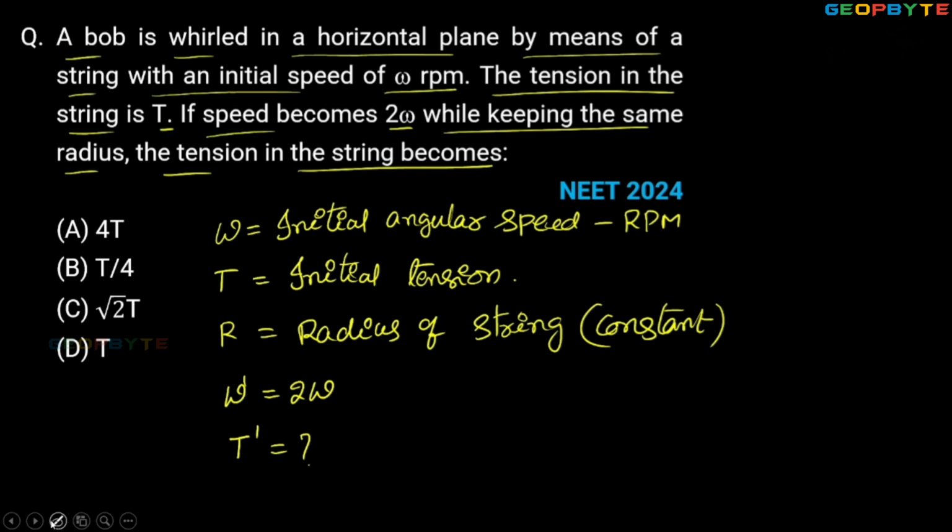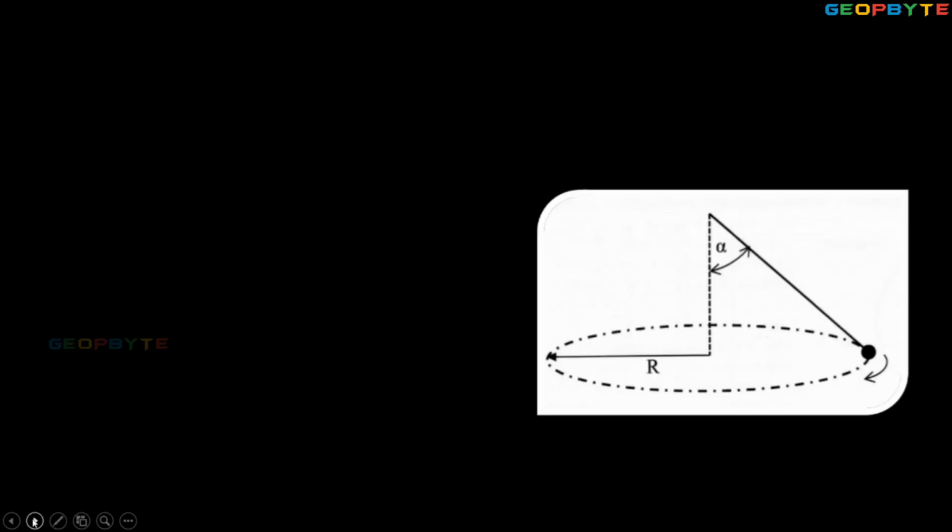For that, look at the bob which is maintaining circular motion in a horizontal plane.